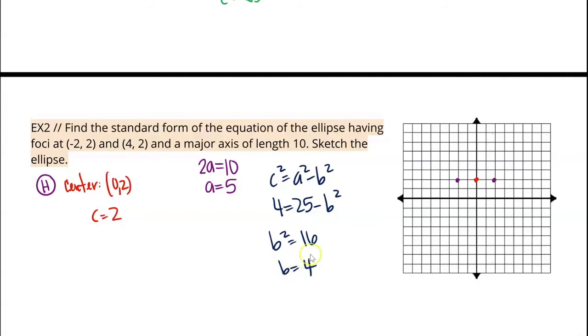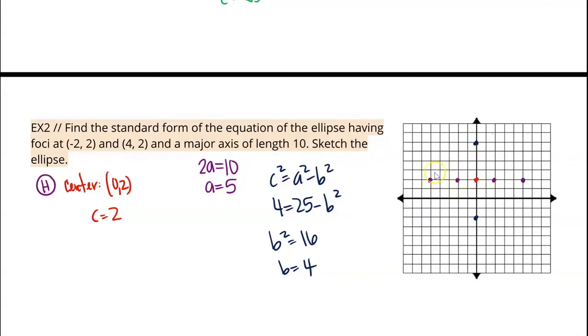So because my b value is 4, that is going to be how far away my co-vertices are from the center. And that's going to be in the vertical direction. So I'm going to go up 4 units from the center and down 4 units. This almost looks like it's going to be vertical, but I haven't actually graphed my vertices yet, right? For the a value of 5, I need to make sure to go 5 units in the horizontal direction from the center.